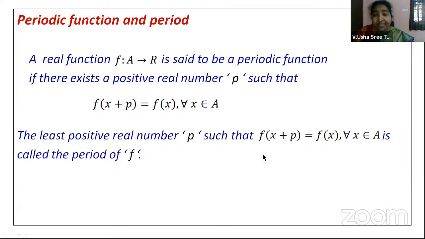Now, what exactly is this? Why are we trying to take only the least positive real number? We will look into this by taking some trigonometric ratios with the help of a graph, and then we will see the exact meaning of this least positive real number, right?